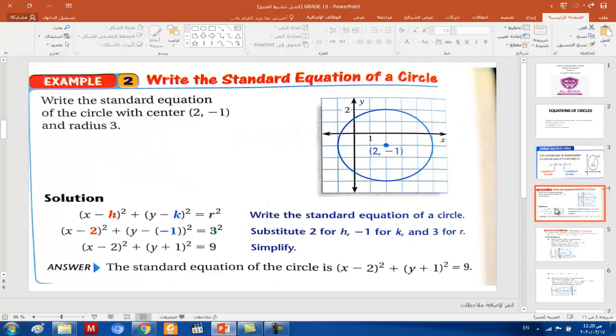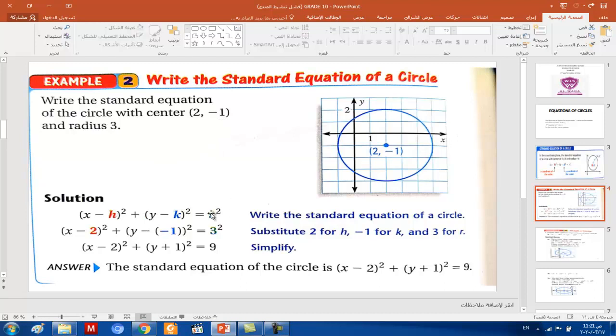So the first example we have: write the standard equation of the circle with the center 2 and -1 and radius 3. So the solution, you have the center and you have the radius, so it's so easy to write the equation now. It's x minus the x coordinate of the center power 2 plus y minus the y coordinate of the center power 2 equals r power 2.